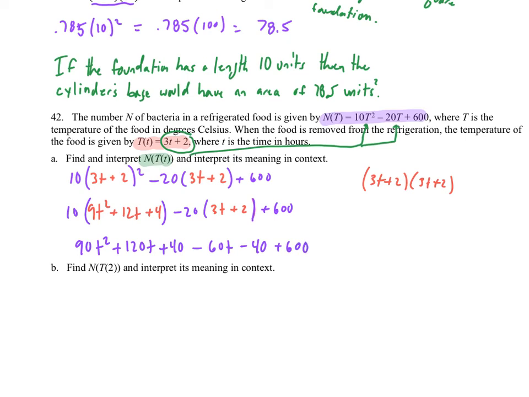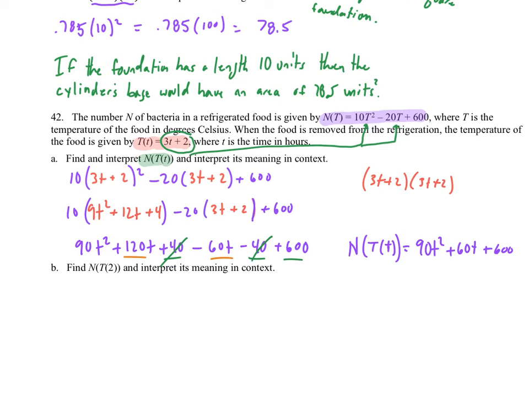Combining some like terms, I've got some t terms to combine, and some constant terms to combine. If you notice, the plus 40 and the minus 40 are just going to cancel each other. Almost done. So we get N of t equals 90t squared, 120t minus 60t would be positive 60t, and the only thing left as far as numbers go was the 600, so plus 600.